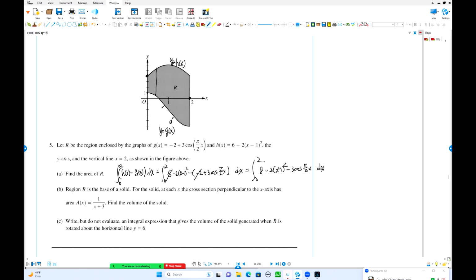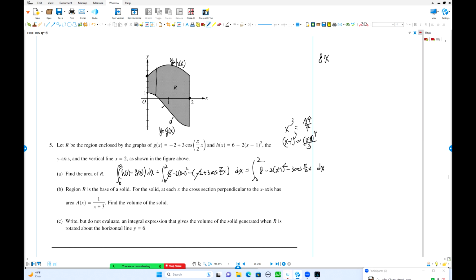This is a lot of work too. The antiderivative of 8 is 8x. For (x minus 1) squared, it's the same as x squared: x minus 1 cubed, divided by 3.